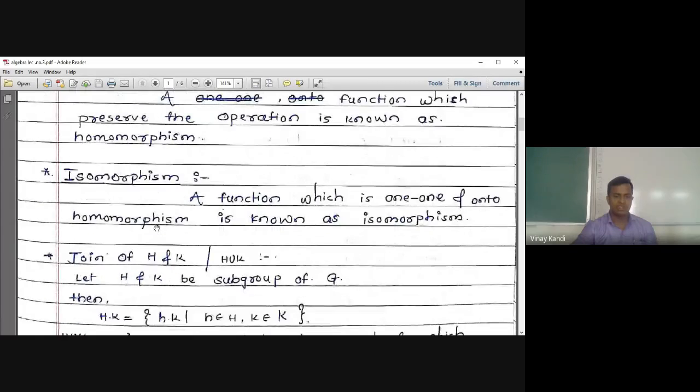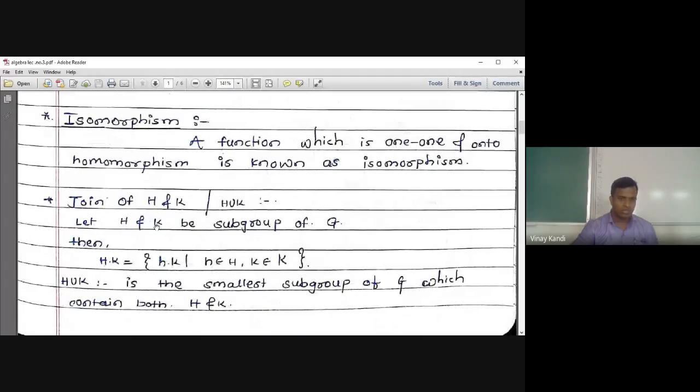Now in this lecture we will see more definitions. The join of H and K, or H union K, the join of two subgroups.